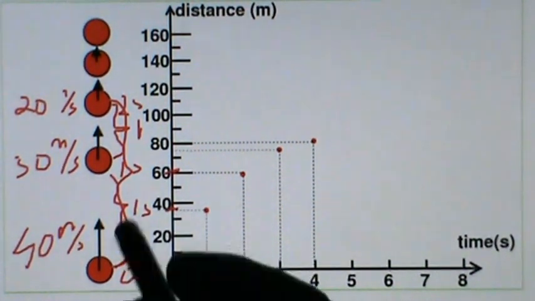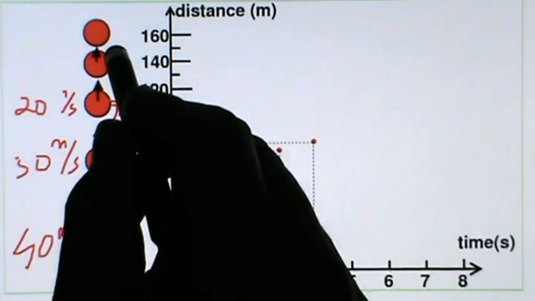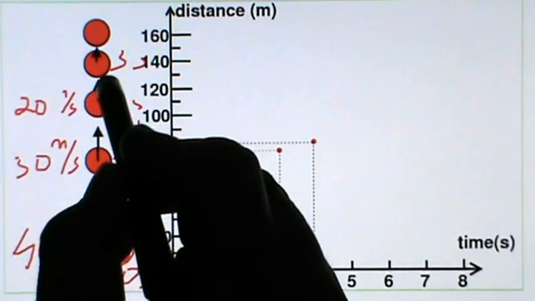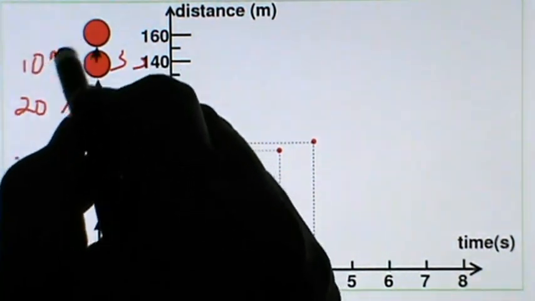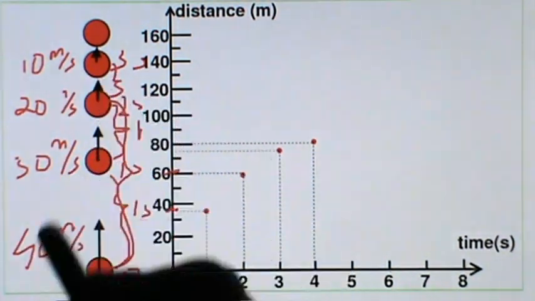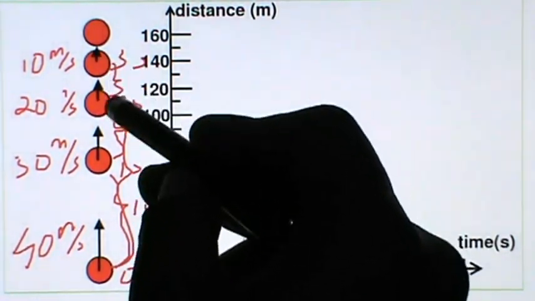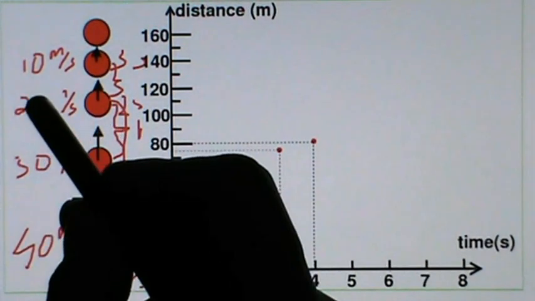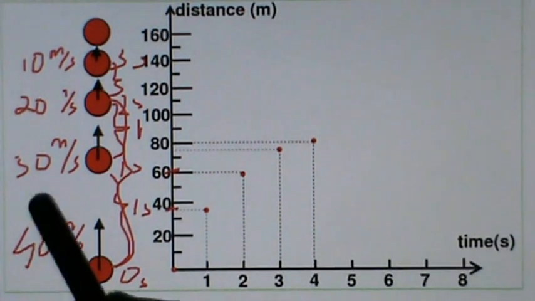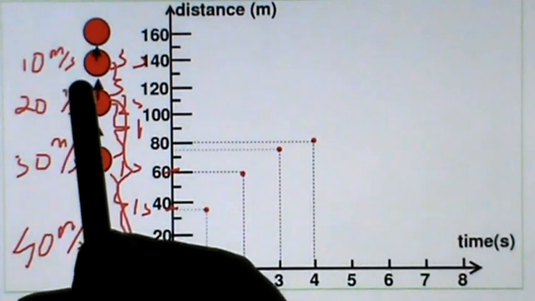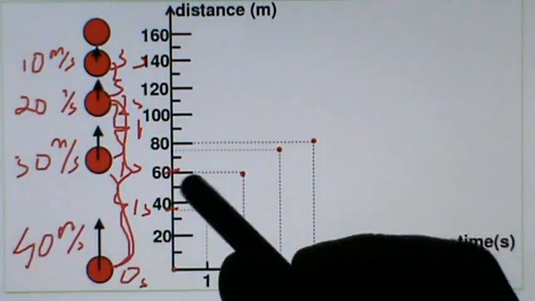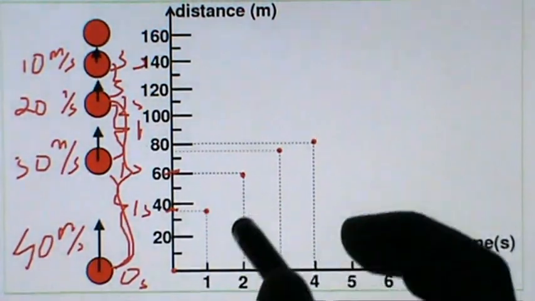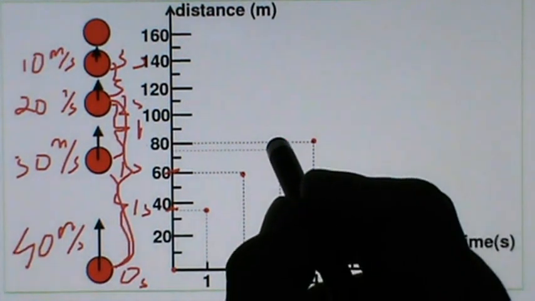And from 2 seconds until 3 seconds, the speed is 10, so the distance traveled in this interval of time is 15. You get it from 10 times 1 plus 20 times 1 divided by 2, so the total distance from the beginning is 75.